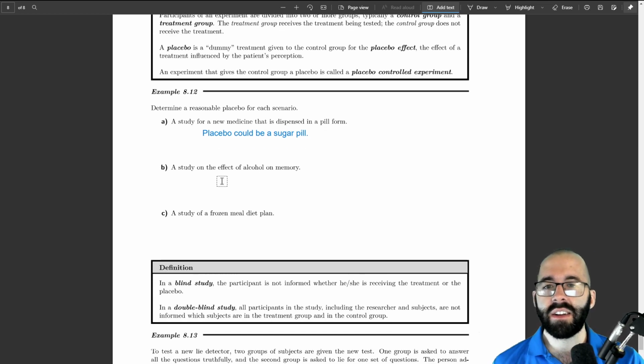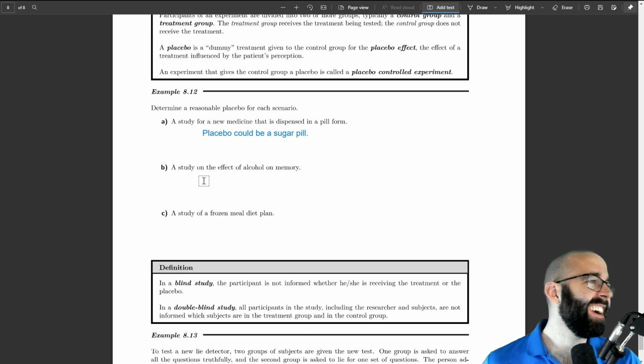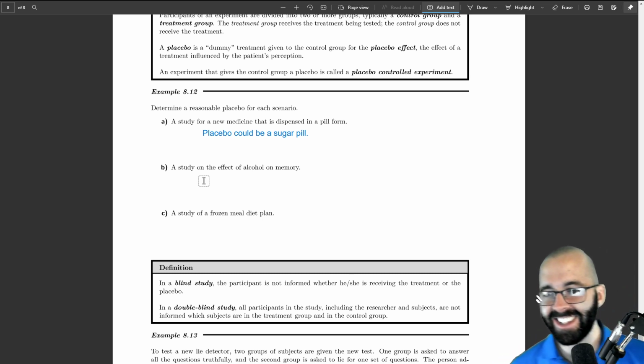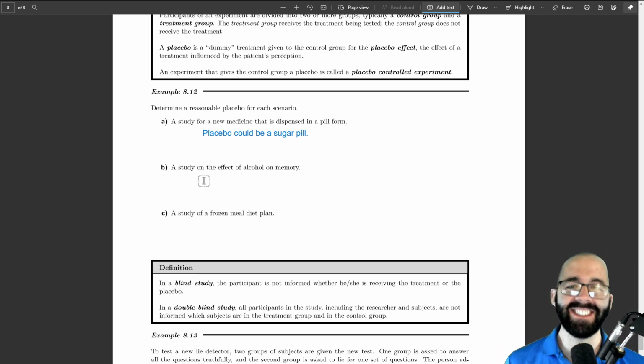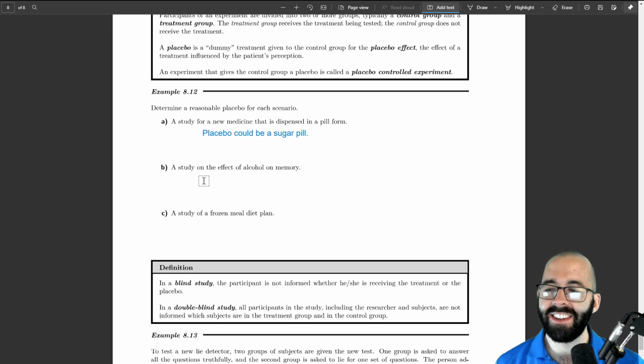A study on the effect of alcohol on memory. I guess you just give someone a fake drink. I don't know how well this would work. This might be one of those examples where it's a placebo, but it still does something anyway. Or maybe you give it to people who haven't had a lot of alcohol, so they don't necessarily know what it is.